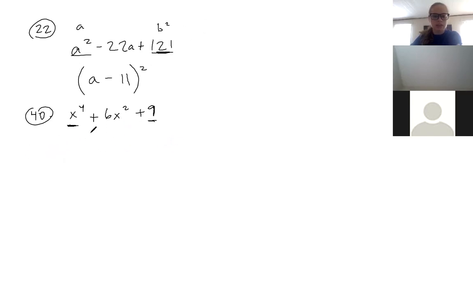I can factor this very easily then. What do you get inside here? 3. Yeah. Start with your a value. So this represents a squared. This represents b squared. So what would just a be?